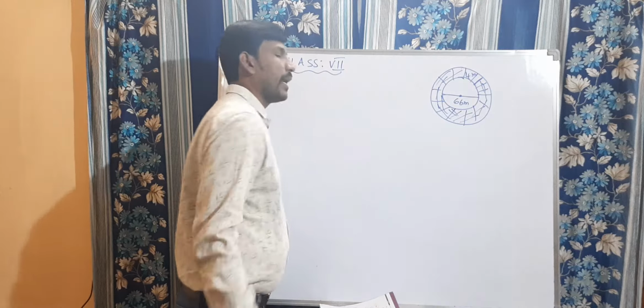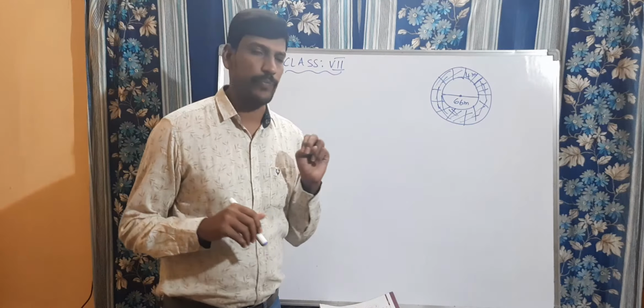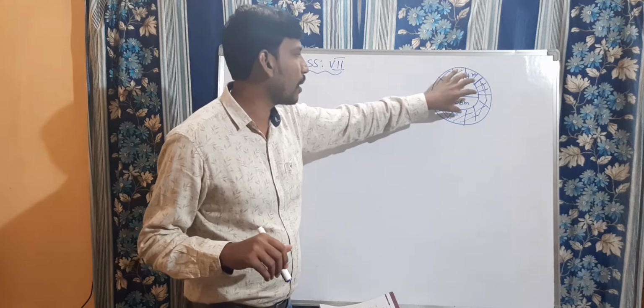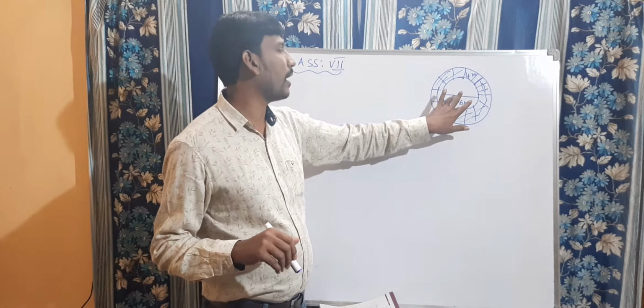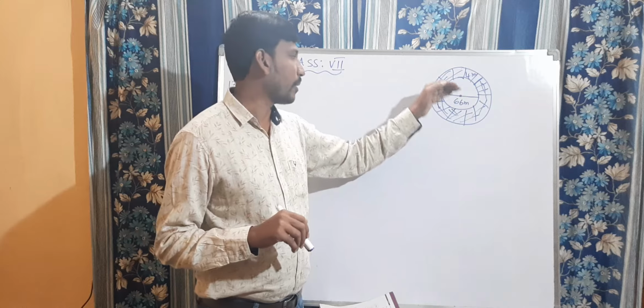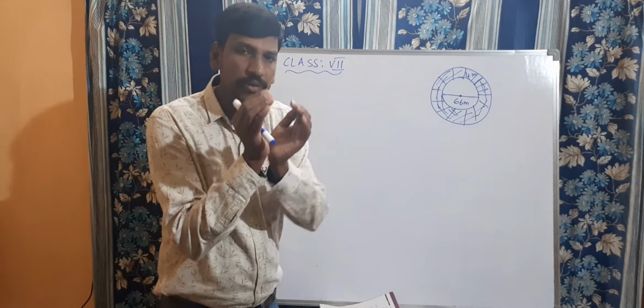To find that area, what is required here? We need two radii: one is the outer circle, the big circle radius, as well as the small circle radius. Here, the inner circle diameter, 66 is given. From that 66, we need to find the radius of the smaller circle.